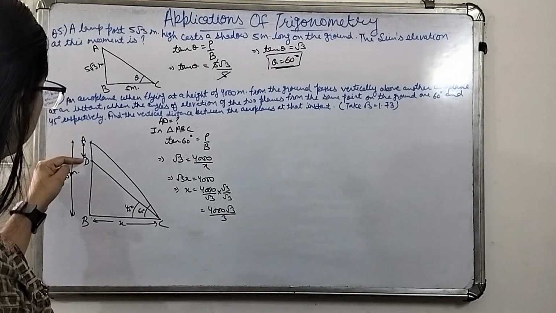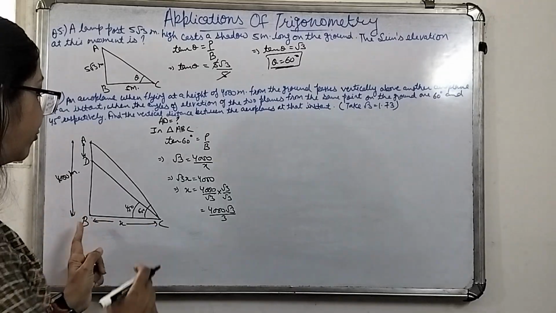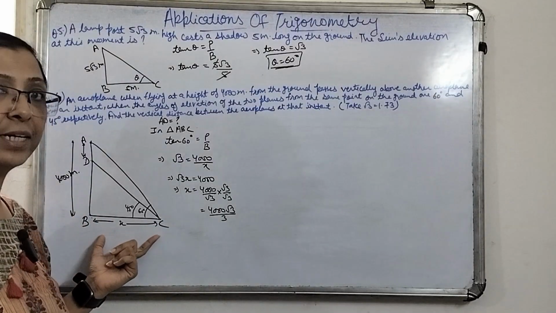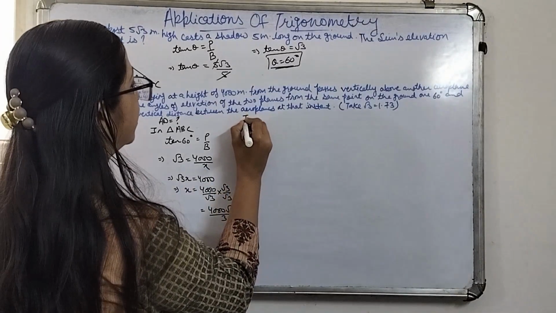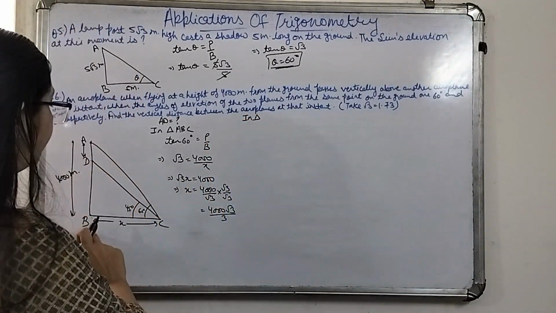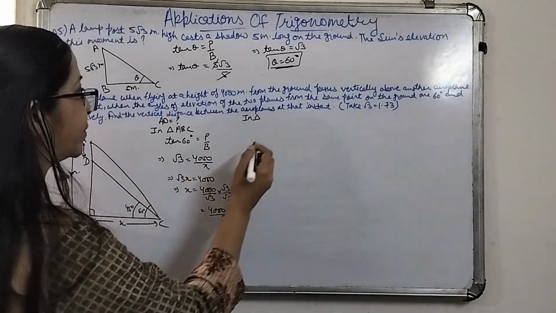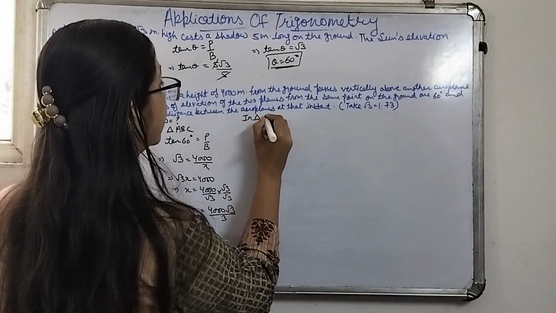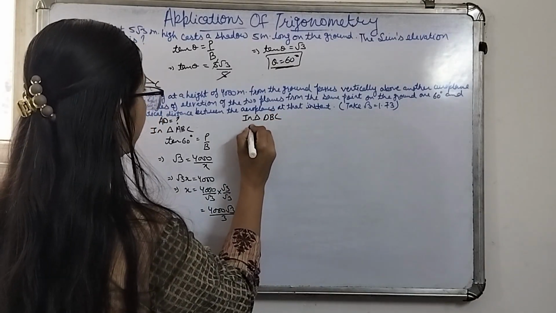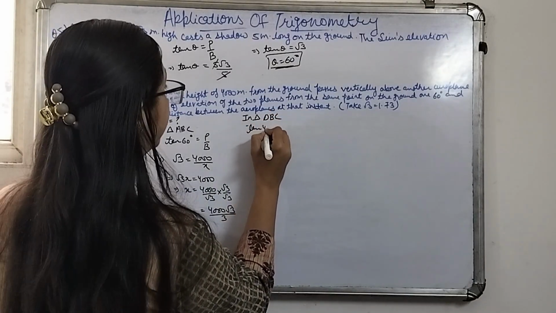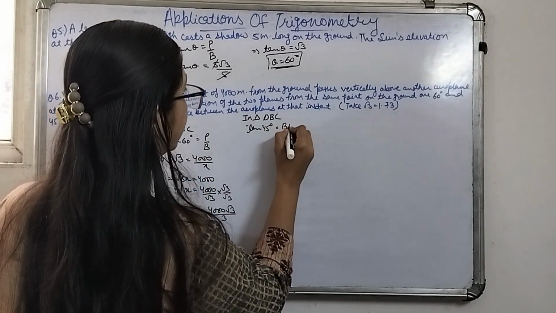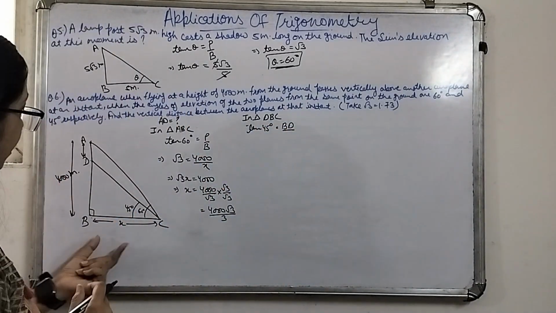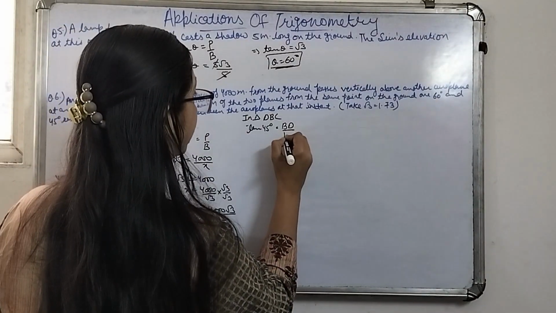Now, if we consider triangle DBC, we know one of the sides, that is BC. We are aware of it, just now we found its value. So now in triangle DBC, this is your 90 degrees. Tan of 45 degrees will be perpendicular, which is BD, over base, which is BC.